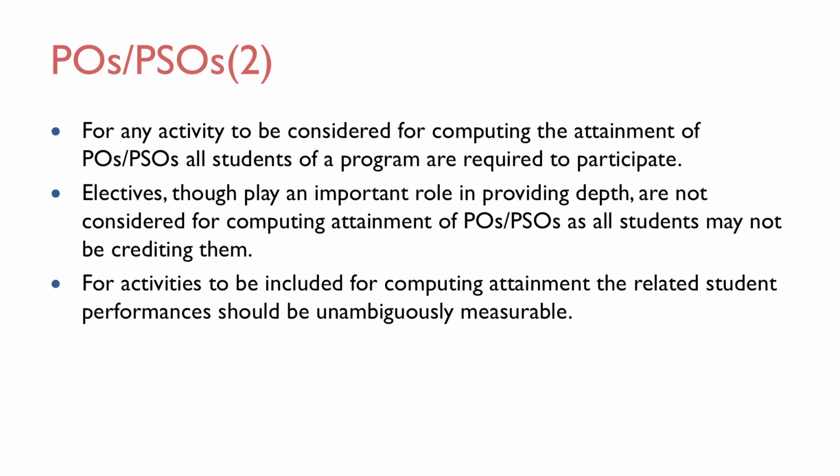So, these are the two properties: all students should participate in the activities included for computing the attainment of PO and PSO, and the rubrics and evaluation procedures should be very clearly defined.